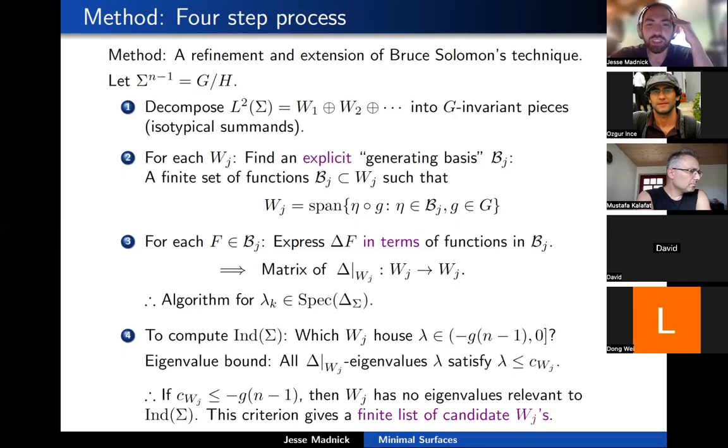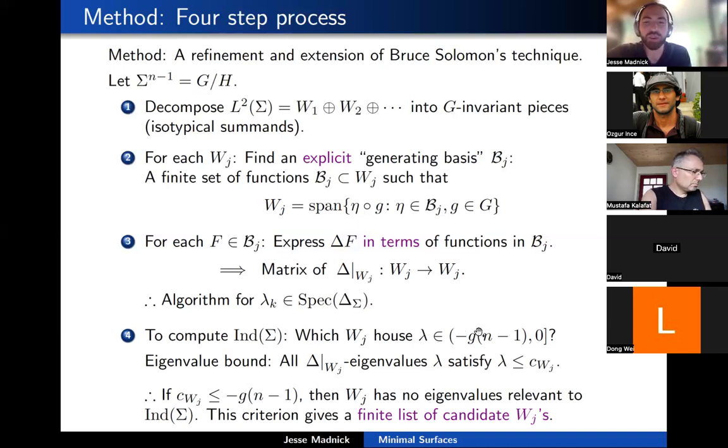And this is the extension. We need an upper bound on the eigenvalues in Wj. To compute the index, we don't actually need all the eigenvalues. We only need those in this interval. So we only really care about the Wjs which have eigenvalues in this interval, and all of those that don't satisfy this, we can ignore.